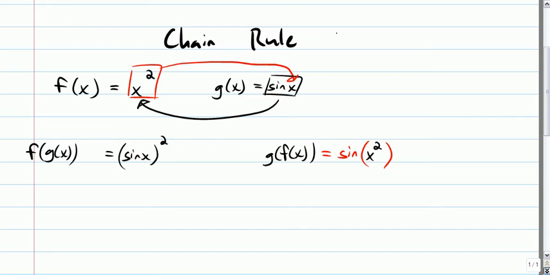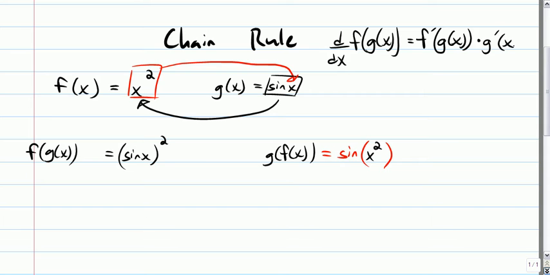The formula itself: the derivative of f of g of x is the derivative of the outer evaluated at the inner multiplied by the derivative of the inner. I use the words outer and inner and derivative a lot, but the biggest thing there is outer and inner.